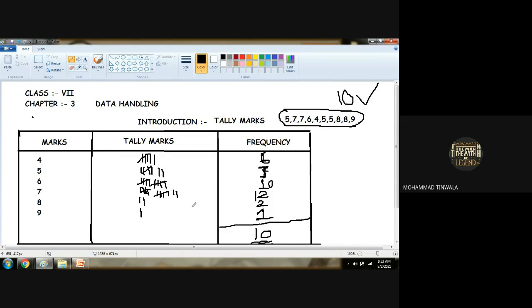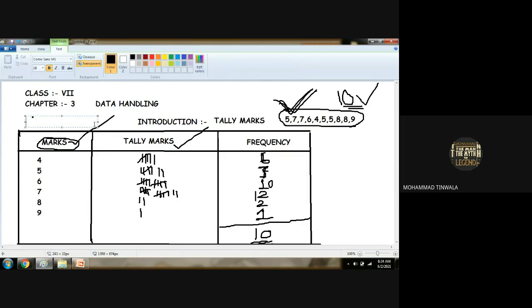Here the data is given only in a single line for an example of 10 students, but the data will be much more in counting, near about 30, 25, 40 data must be given. Are you getting my point? We have to adjust this in this format. The subject, like marks, is not to be written every time. Marks is written here because marks are given in the question. The subject will be there. The subject can be anything: height, weight, marks.